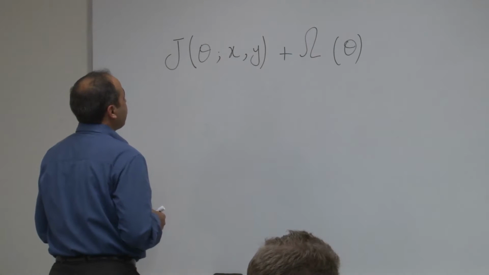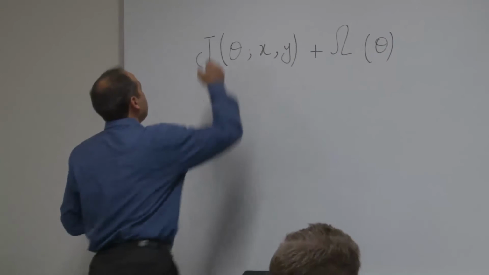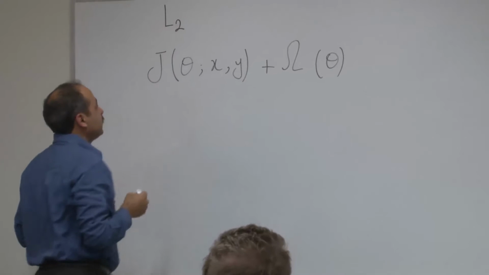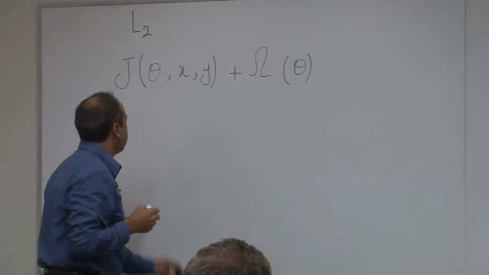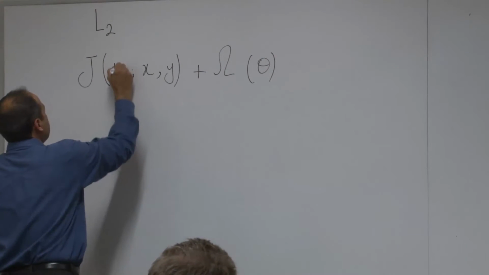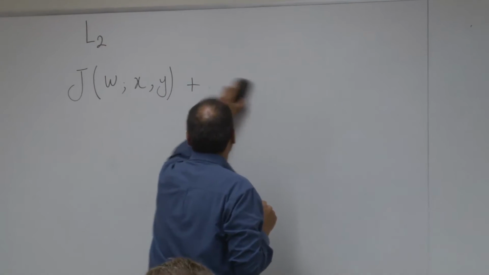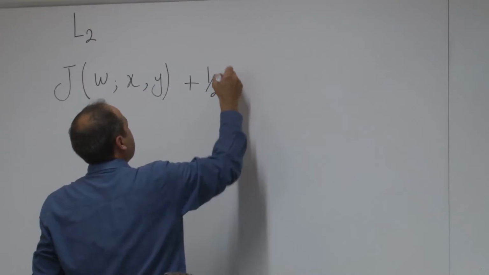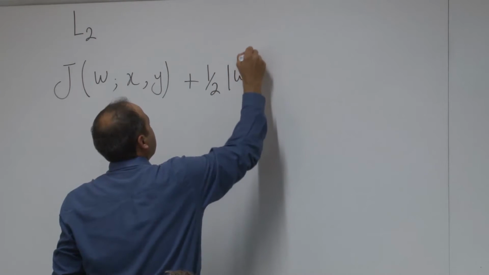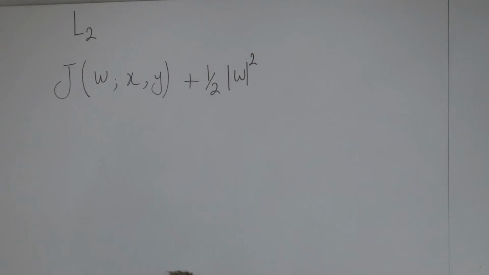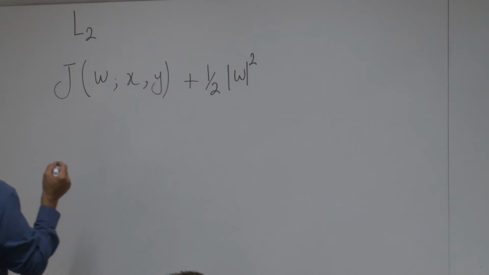Okay, so we want to penalize the neural network with L2, and my parameter is W, the weights of the network, and the penalty that I'm adding is the L2 norm of W. So I would like to make the L2 norm of W small.